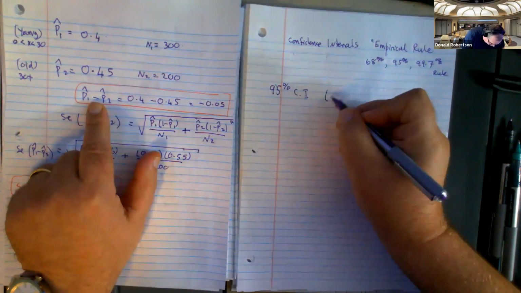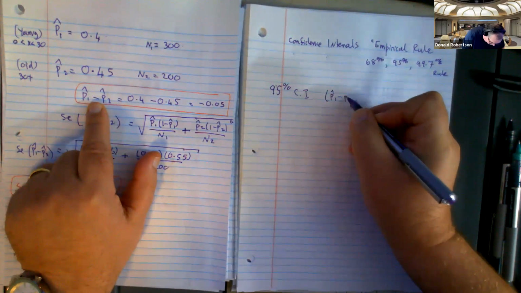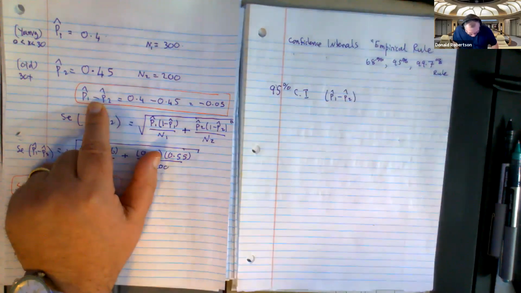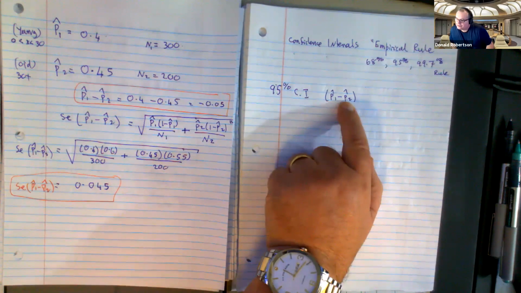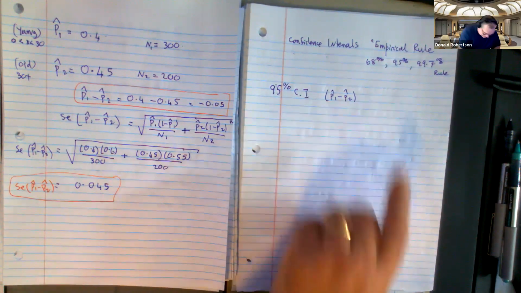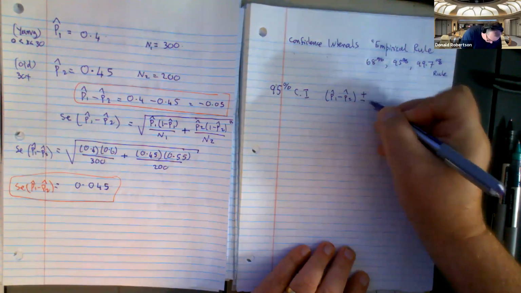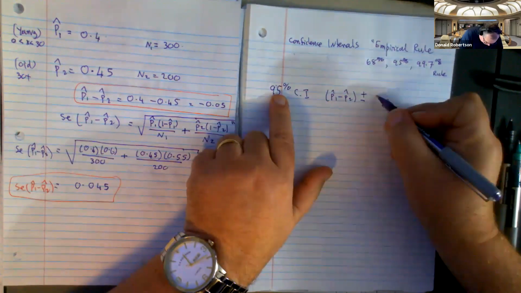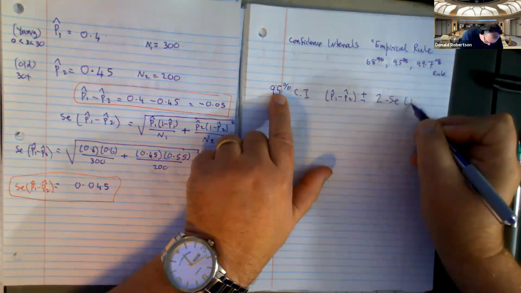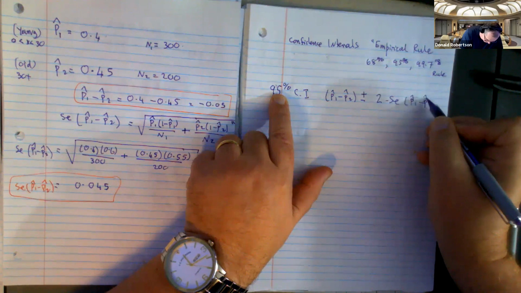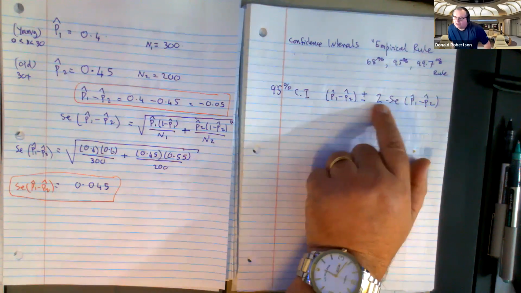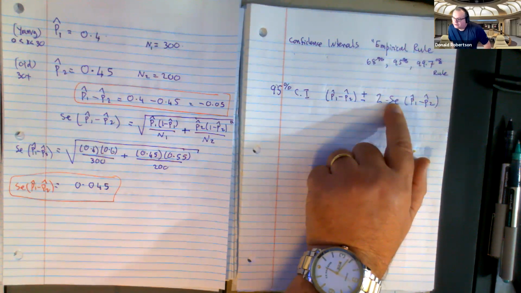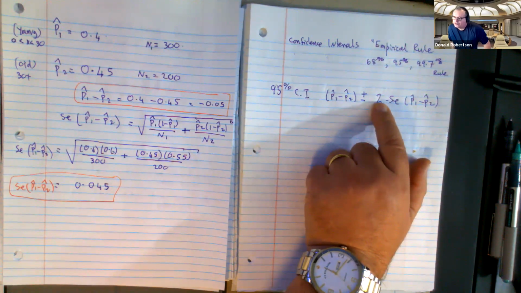You're going to do P1 take away P2, because we want to do a confidence interval for the difference between the two, right? So this is your first number. Plus or minus, right, 2 standard errors. If it was a 99.7%, wouldn't I do 3 standard errors? And if it was a 68, wouldn't I just do 1 standard error, right? 1, 2, or 3.